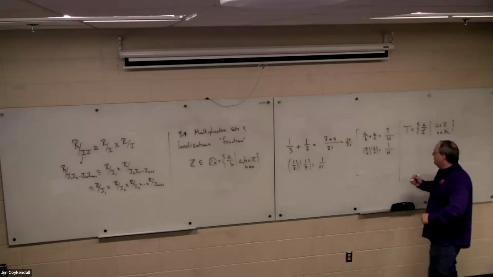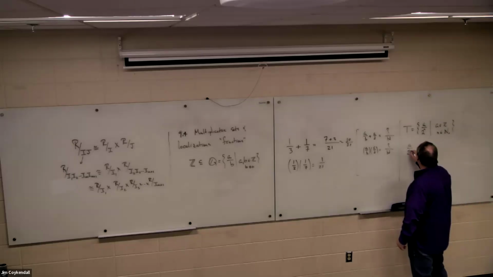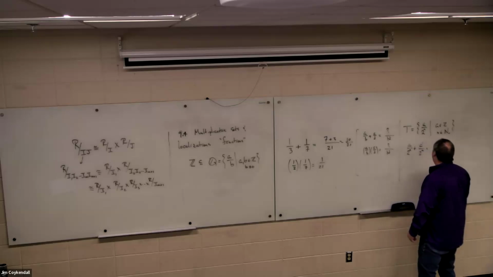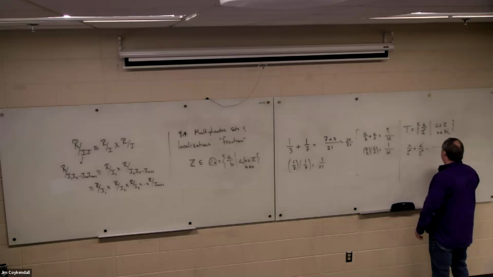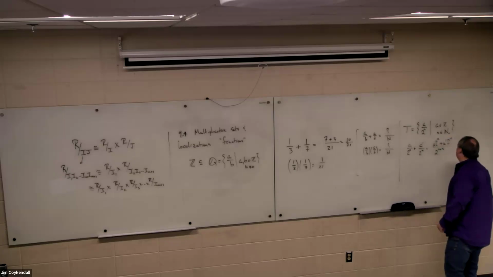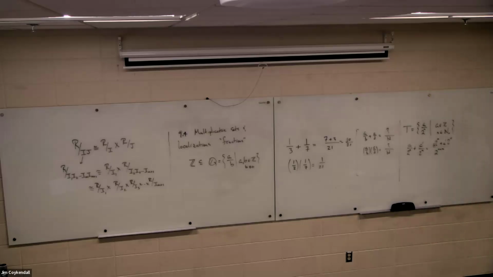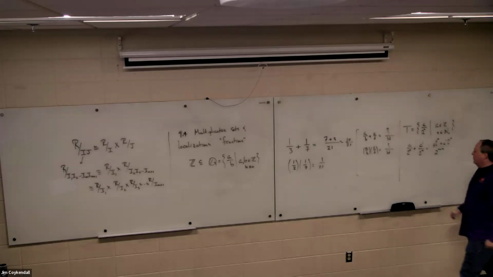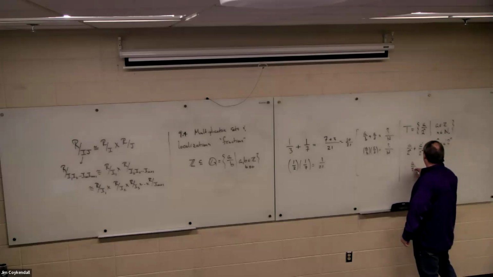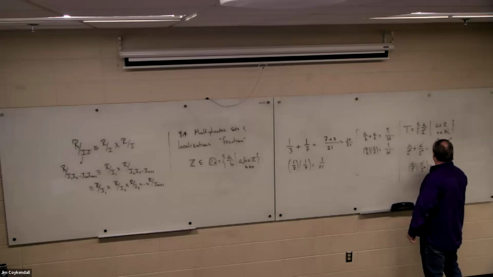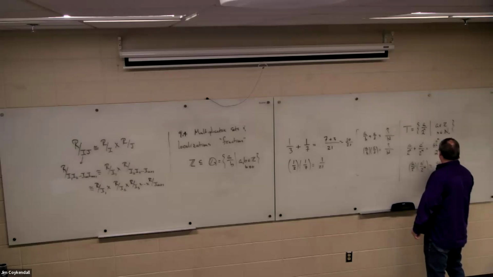Notice that when I add two things of this form, A over 2 to the n plus A prime over 2 to the m, this is A 2 to the m plus A prime 2 to the n over 2 to the n plus m. Right? And when I multiply two things of this form, the numerator is A times A prime and the denominator is 2 to the n plus m.